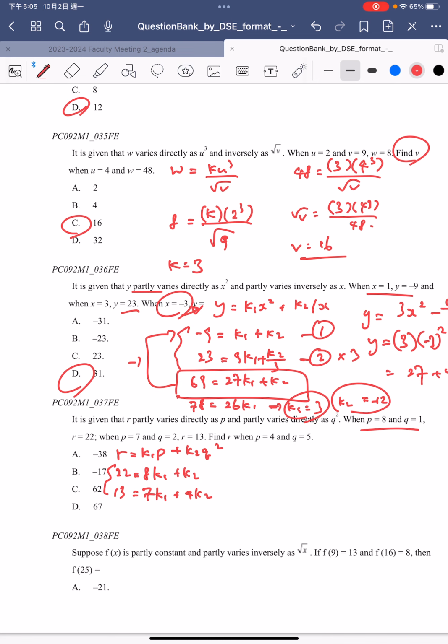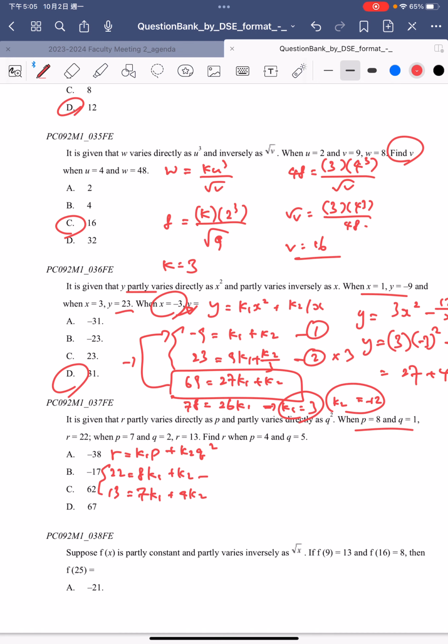So to make the k2 to be eliminated, we need to times the whole equation by 4. Then what we can have is actually 88 is equal to 32k1 plus 4k2. So that's our first equation. This is our second equation. Then we can, using our first equation minus the second equation, we can get 88 minus 13 give you 75 is equal to 32 minus 7 give you 25k1.